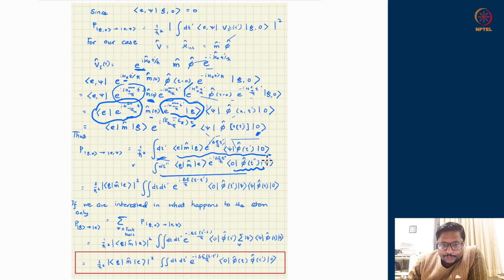So I have flipped this complex number, because a complex number can be flipped, operators cannot. And you remember t double prime was being called t prime in the next step, and t prime was being called t in the next step. So you see the exponential, which was t prime minus t double prime, can be written as t minus t prime, and the operator which is coming first is phi t double prime, which has become phi t prime, and later I had written phi t prime, which has become phi t. So this is like this. Okay, so this is somewhat of a neatly looking form.